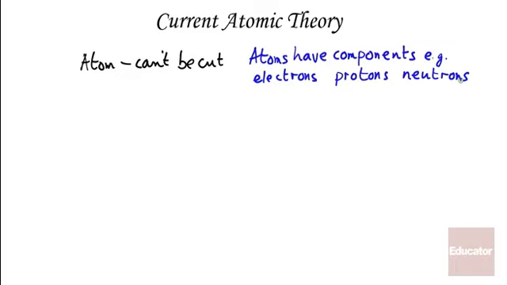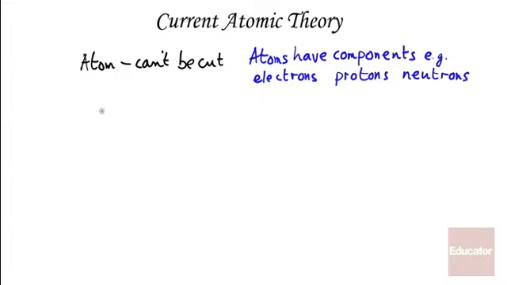Later on in these lectures, we will look very specifically about our ideas about what are electrons, protons, and neutrons and how they differ from each other. But now, let's just accept that this particular portion of Dalton's atomic theory no longer holds.